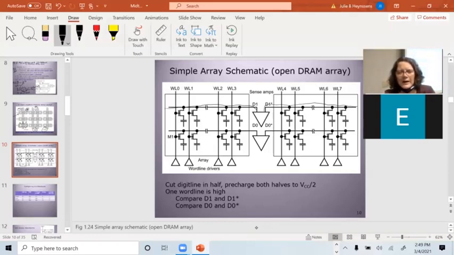Then we opened up one of these 1T-1Cs and allowed it to charge one of these lines up or down a little bit. The other one from the second array stays at VCC over 2.